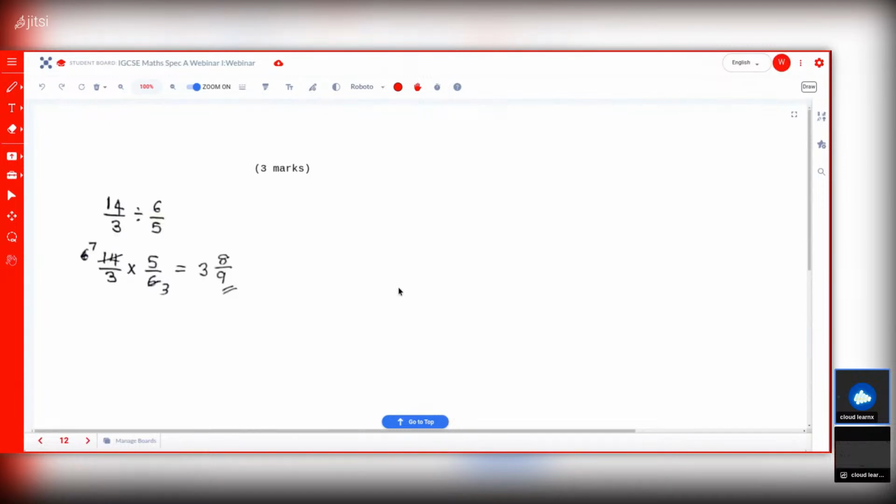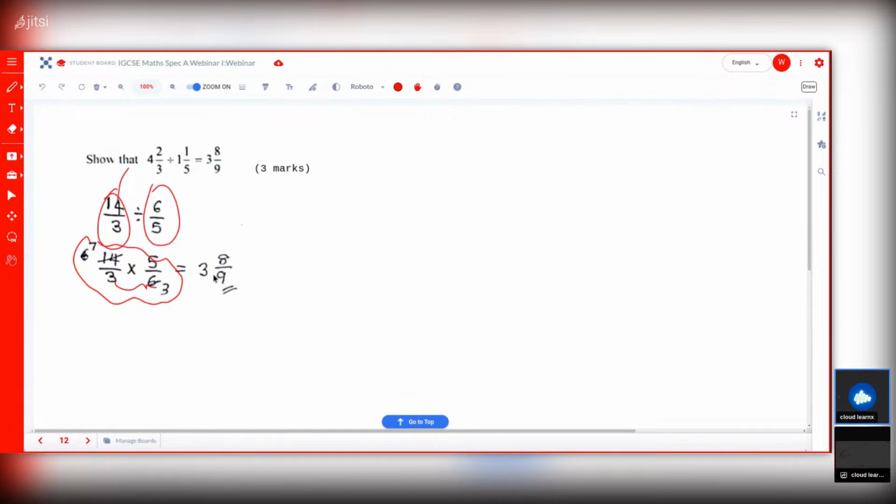Page 12. Once again, converting to improper fractions will probably earn a method mark. Converting to multiplication would probably get you a mark, but then your final answer, the final step they were looking for is, how did you go from here to here?